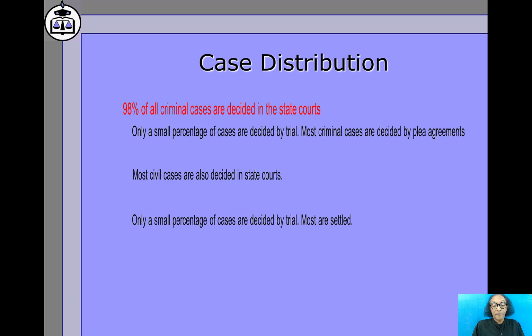If the offer is, let's say, $1 million, and you think you can get $2 million by going to trial, but if you go to trial and lose, you get nothing, most likely you will decide to settle. There are different kinds of calculations that go into settlements, but that's how cases are resolved.